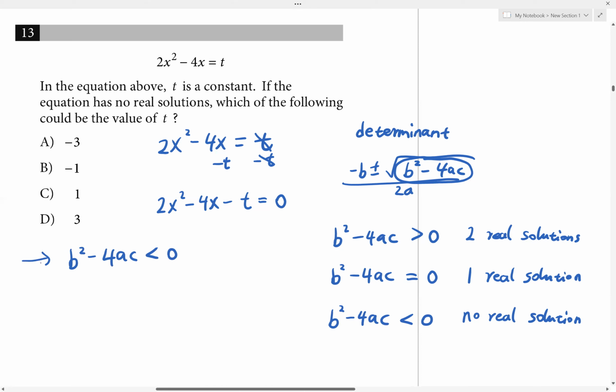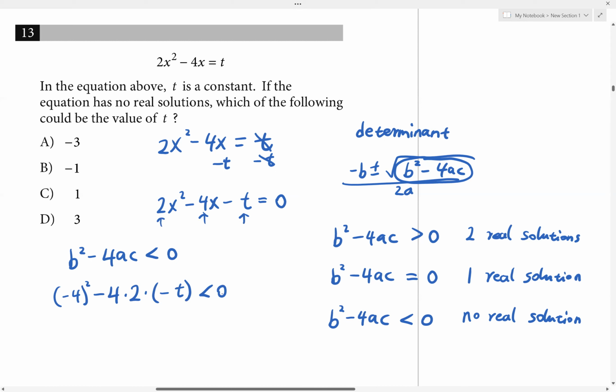So we can use this to help us solve for the possible t values. We can plug the numbers into this inequality. b is the number in front of x, so in this case, that's negative 4. So it'll be negative 4 squared minus 4 times the a value, which is 2, times the c value, which is negative t, and this is less than 0.